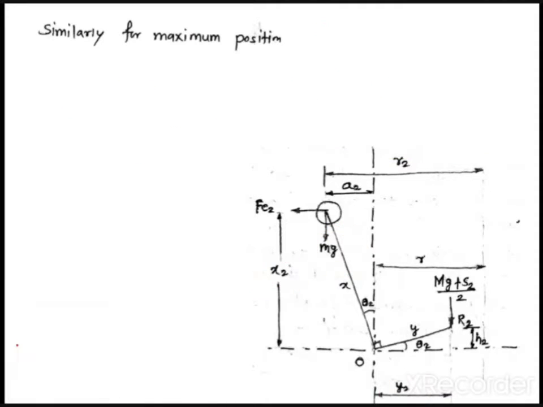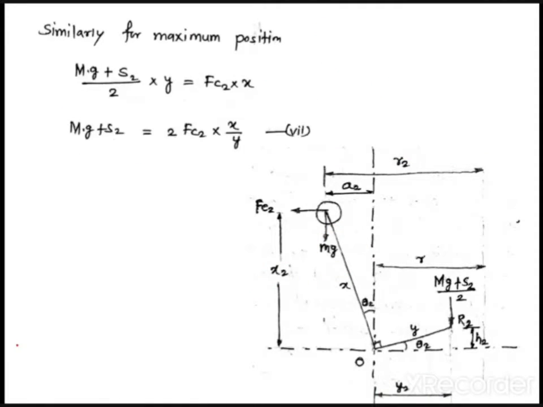Now tell me, are you able to write the moment equation or not? So I am getting (mg + s2) upon y is equal to fc2 into x. I have just modified this and got this equation.